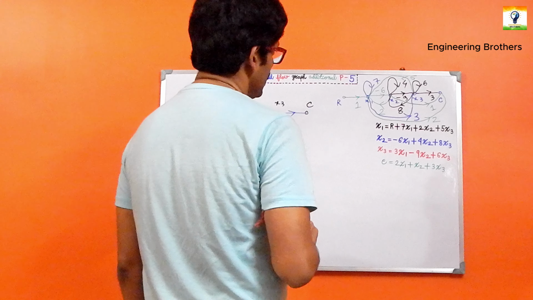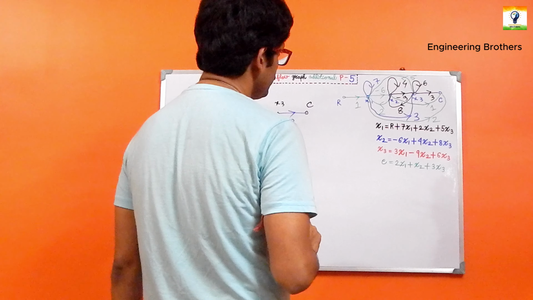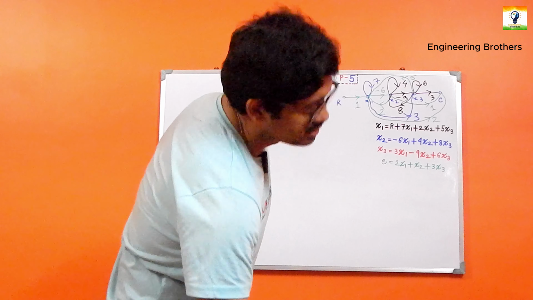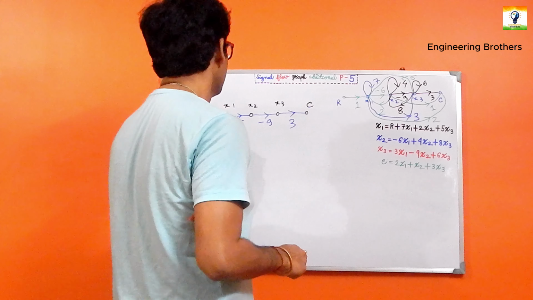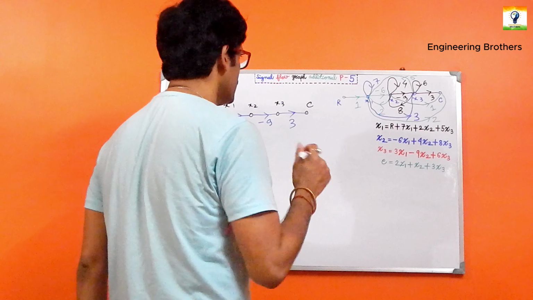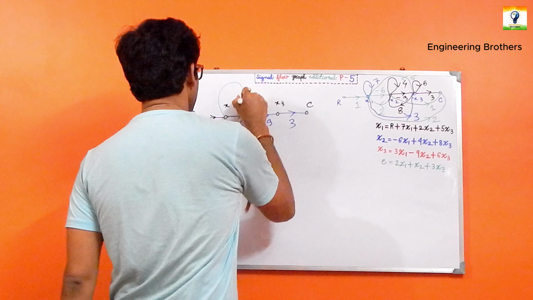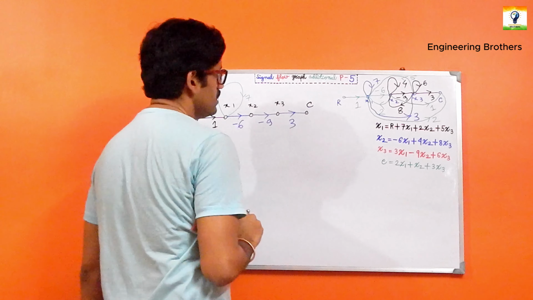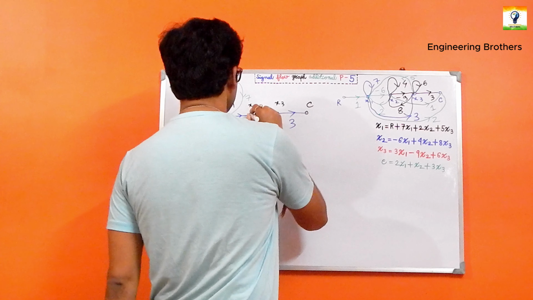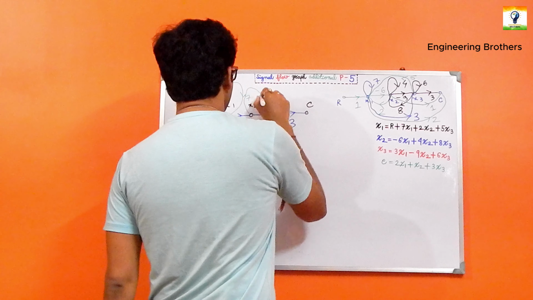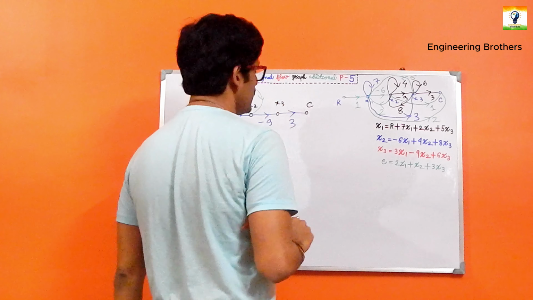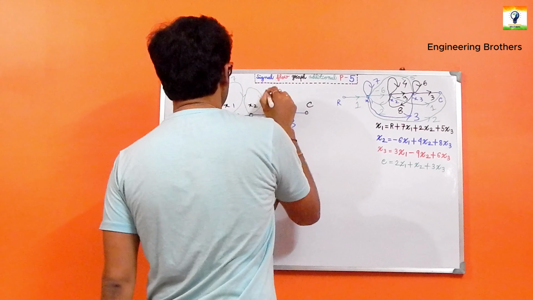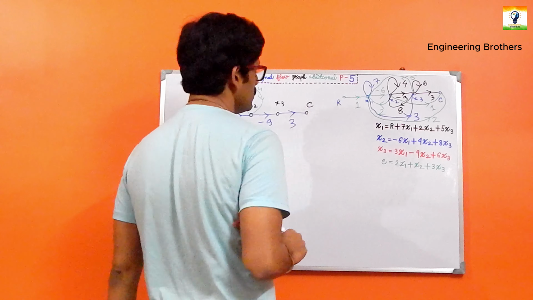Okay? And in another part, we have our self loop consideration at the x1, x2, and x3 nodes. At x1, the self loop gain will be 7. For x2, the self loop gain is 4.